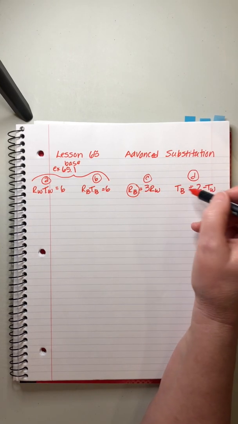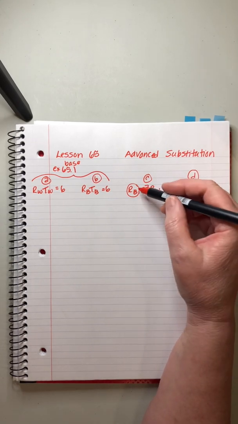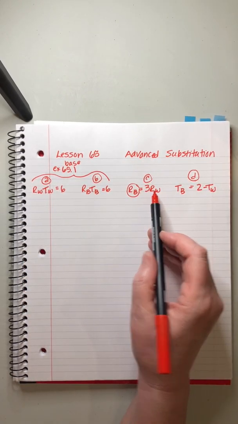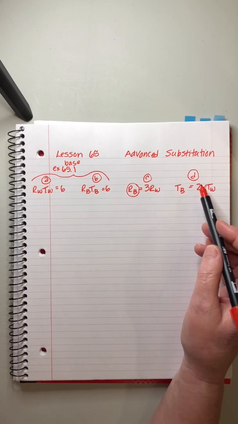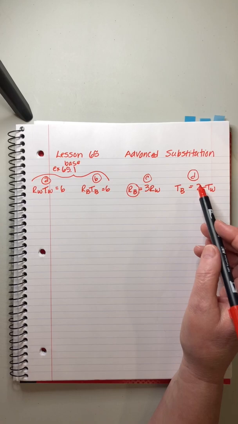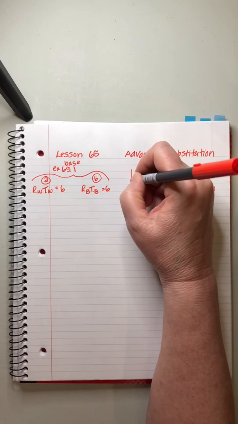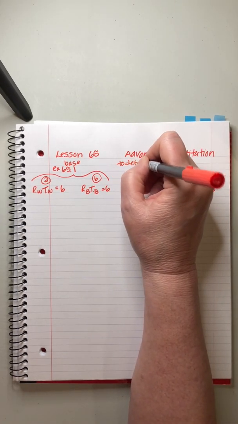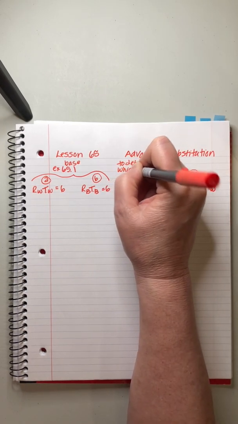D, the 4th equation, will always relate the 2 times, and it will involve addition or subtraction. They can be formatted in different ways. This one's usually formatted exactly like this. All 3 of these tend to be exactly like this. This one sometimes takes some different shapes, and we can rearrange it. That's no big deal. The trickiest part of this, well, it's not really that tricky, is that we look here to determine which base we want to use.